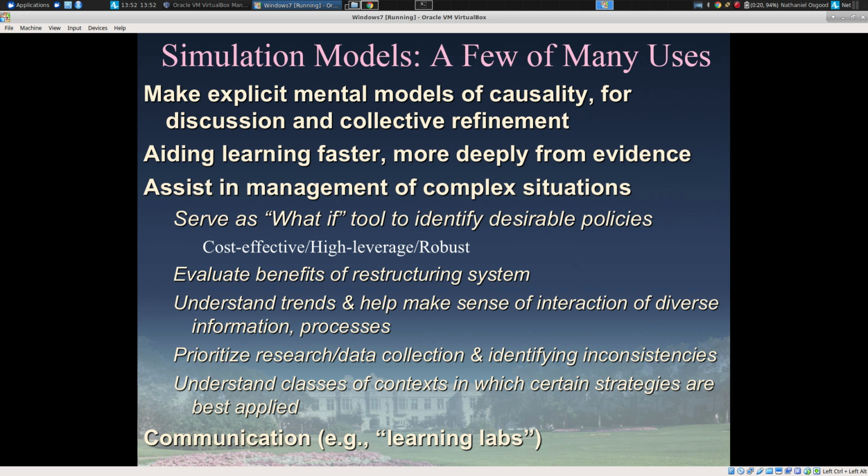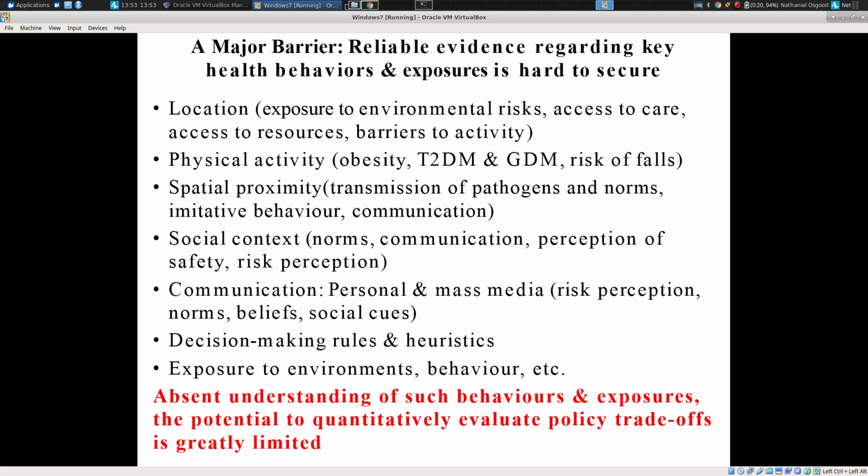And here and elsewhere, I've argued these models have many uses. One of them, and a primary one of interest in this talk, is serving as what-if tools to identify appropriate policy portfolios, not perhaps just one policy, but several interventions. To evaluate benefits of restructuring a system, to prioritize research collection, and fundamentally, and perhaps most deeply, to learn faster and more deeply from evidence.